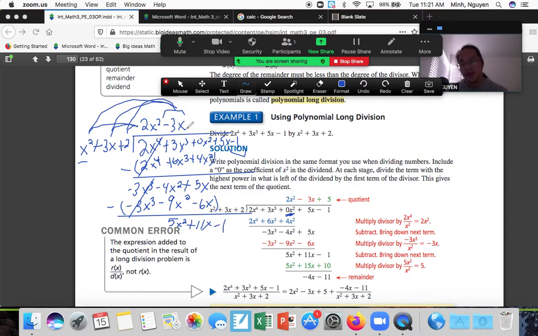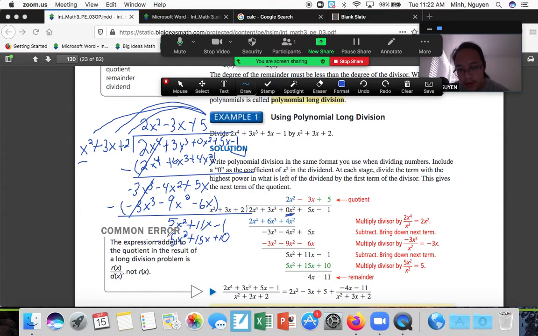5x squared divided by x squared is 5. And for the last time, multiply it by all the terms. Let me erase, so maybe it will be neater for you. 5 times x squared is 5x squared, 5 times 3x is positive 15x, 5 times 2 is positive 10.